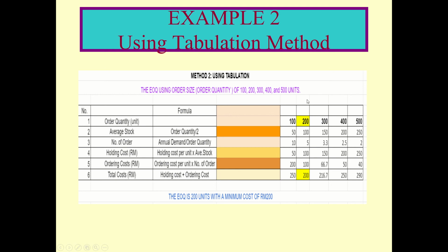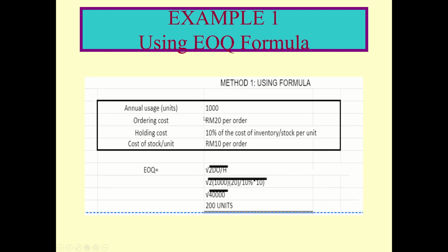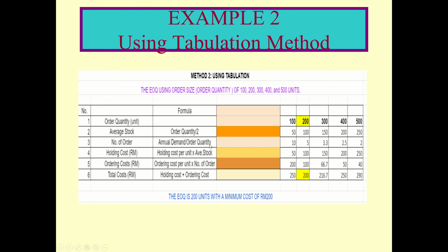And then for the next one, the annual demand is also the same at 1,000 unit. And then you divide with the order quantity, which is equal to 200, you will get 5. And after that, for number 3, 300 order quantity, the annual demand is 1,000. You divide with order quantity 300.